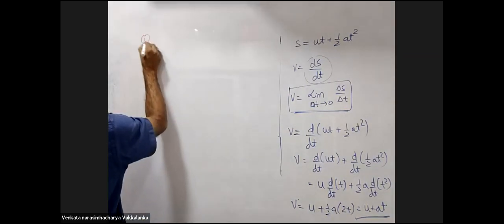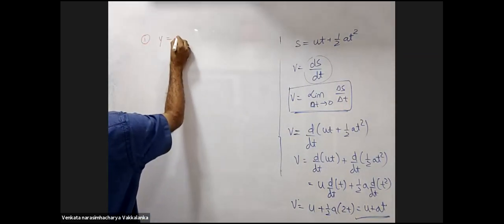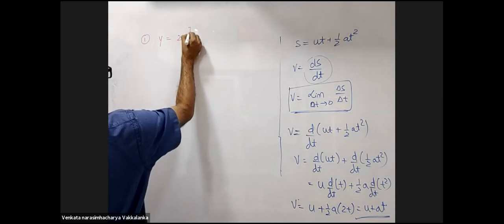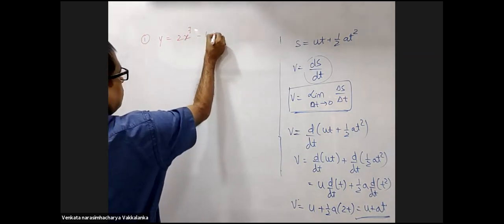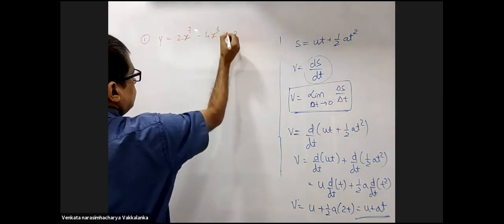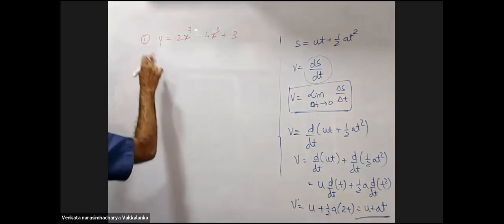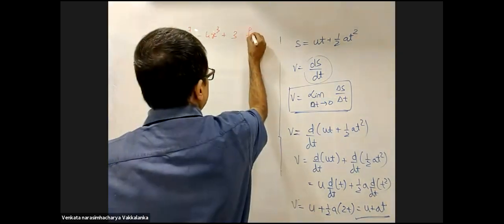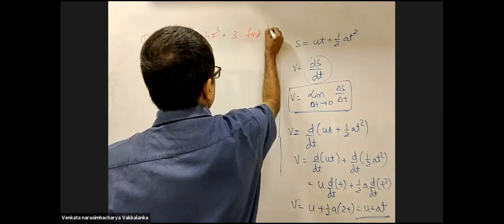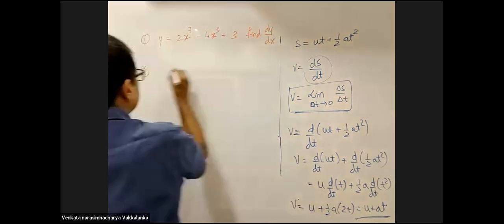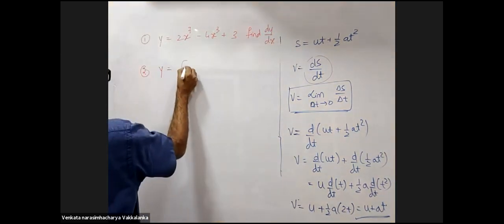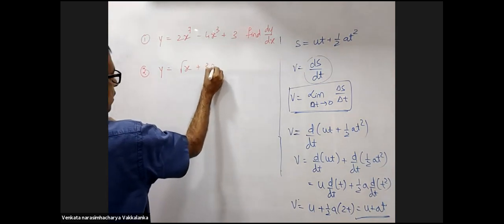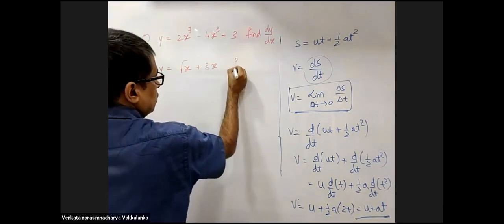You people will be solving this. y is equal to 2x to the power 7 minus 4x cube plus 3. For all these, find dy by dx. y is equal to root x plus 3x.